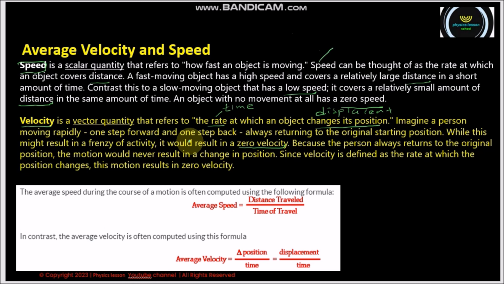Speed depends on distance. Again, speed is a scalar physical quantity. In the case of velocity, it's a vector physical quantity.